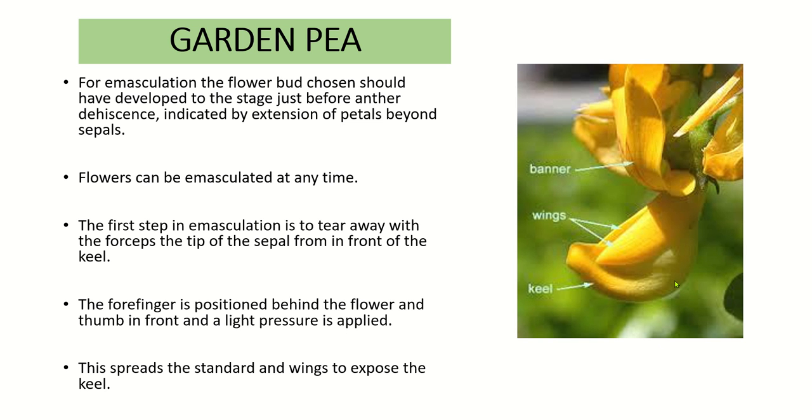So the emasculation process is quite easy in some legume crop plants, for example groundnut, where you can directly pull the keel petal with forceps. Since only the anthers are attached to the keel petal and the stigma is detached, if you pull out the keel petal, the anthers are all removed.